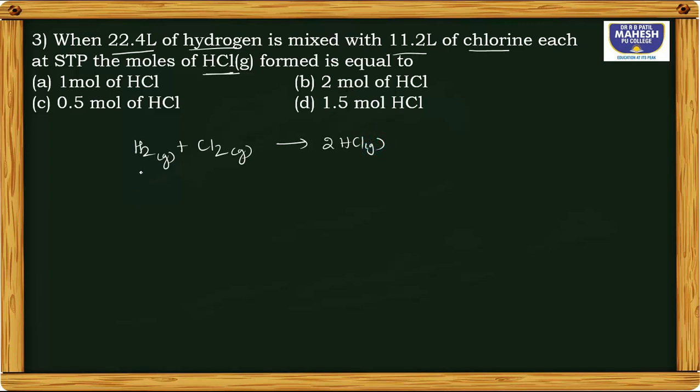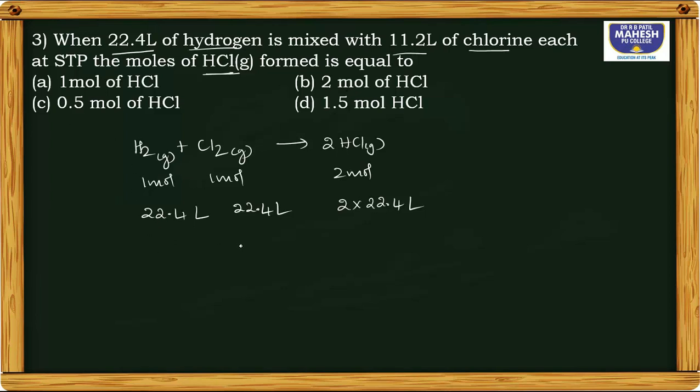Students, from this equation it is clear that 1 mole of hydrogen reacts with 1 mole of chlorine to form 2 moles of hydrochloric acid gas. In other words, 22.4 liters of hydrogen reacts with 22.4 liters of chlorine to form 2 into 22.4 liters of hydrochloric acid gas, double of these two. That is the answer we are going to get.